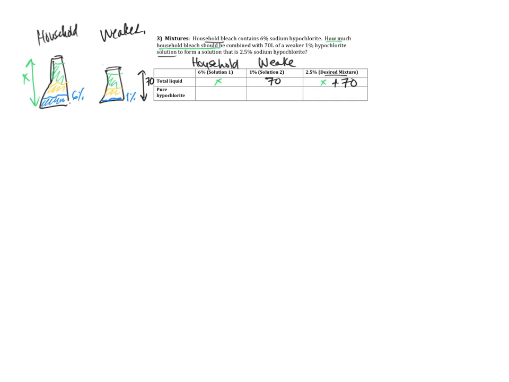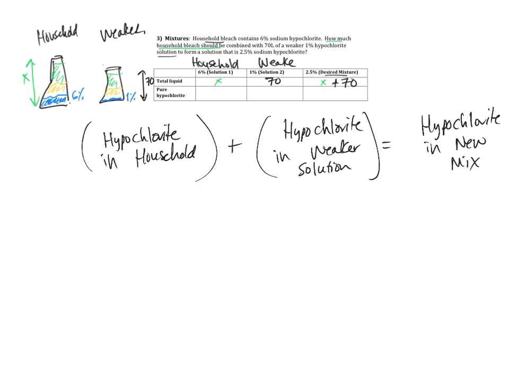All right, now we're going to think about just the actual hypochlorite for a second. If we had the hypochlorite in the household plus the hypochlorite in the weaker solution, we would get our hypochlorite in the new mixture. So we need some expressions for the actual hypochlorite.